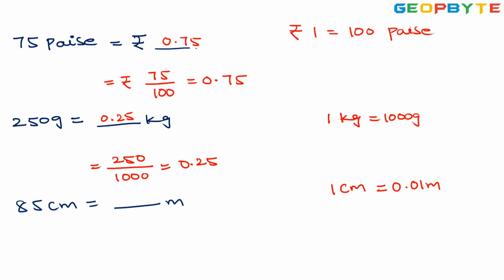So 85 into 0.01, which is equal to 0.85. So 85 centimeters is equal to 0.85 meters. Till now we converted from paisa to rupees and grams to kgs and centimeters to meters.